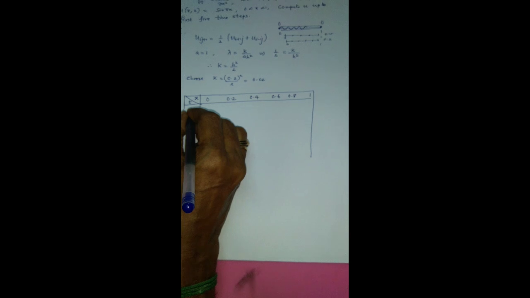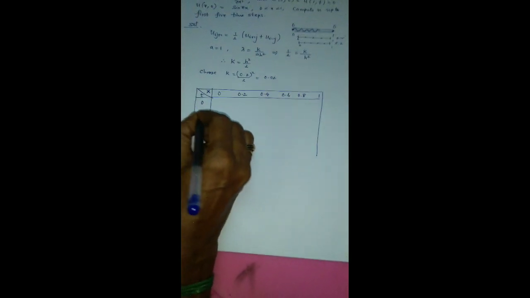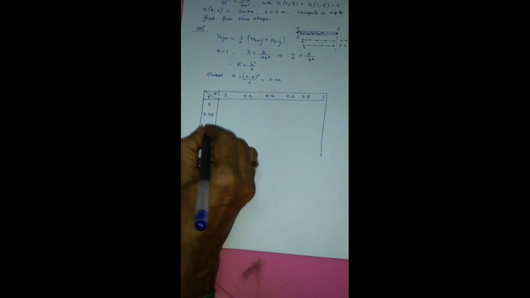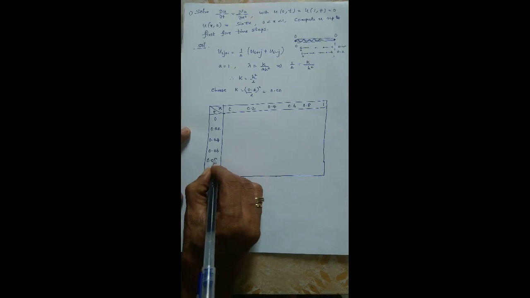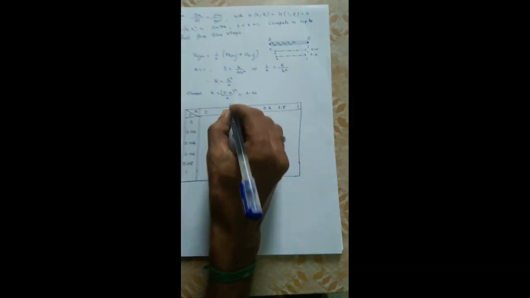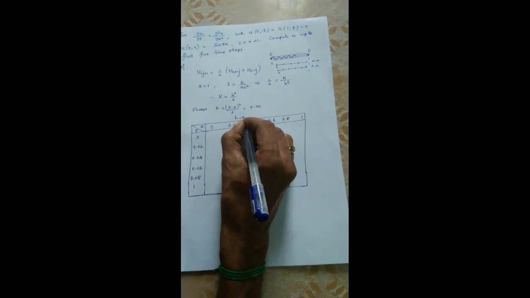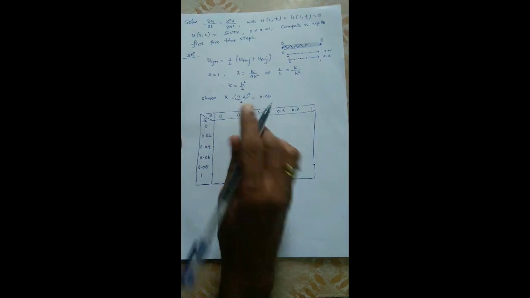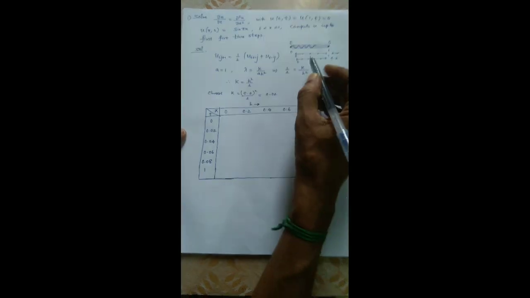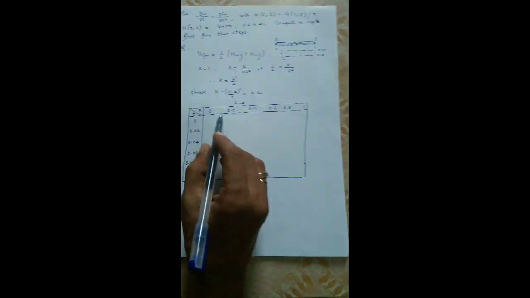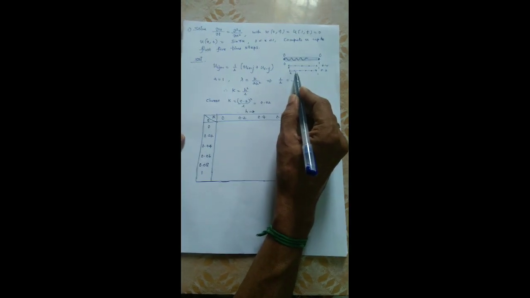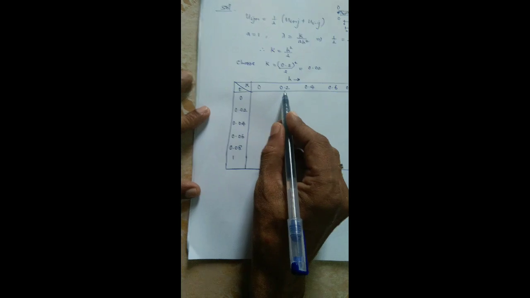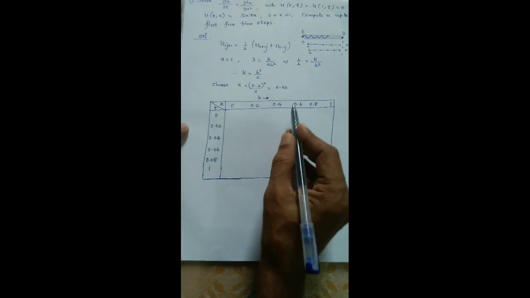Along time: 0, 0.02, 0.04, 0.06, 0.08, 0.1. So h is the step size along x direction. The material length is 0 to 1, so I am taking the step size 0.2: 0, 0.2, 0.4, 0.6, 0.8 and 1.